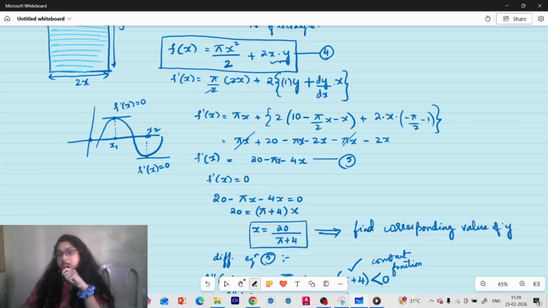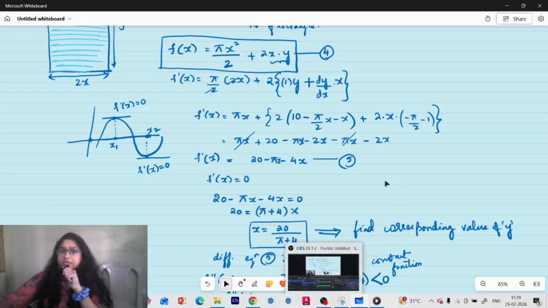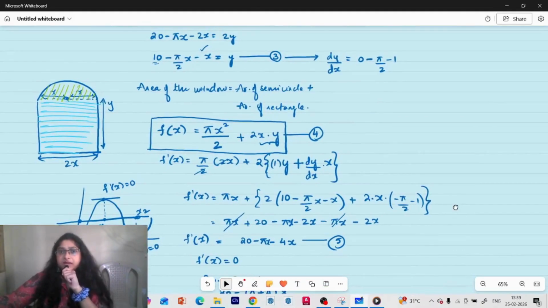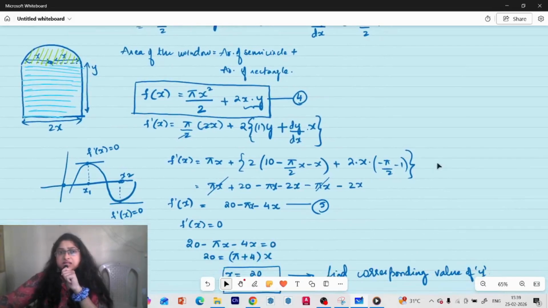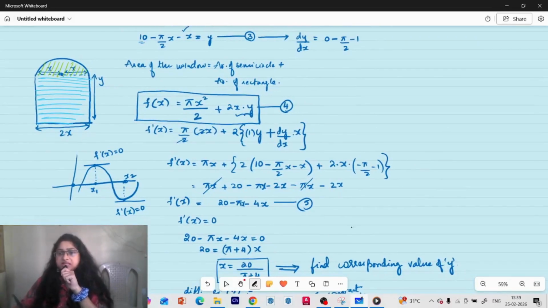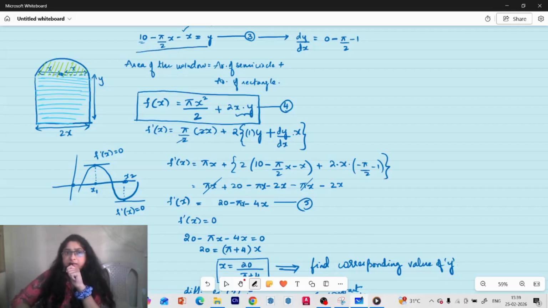Okay, so for this value of x, this function f of x, the area function, is becoming maximum. So now finding out the value of y is going to be our next step. What is y? y is 10 minus pi by 2 x minus x from equation 3. Okay? Alright.